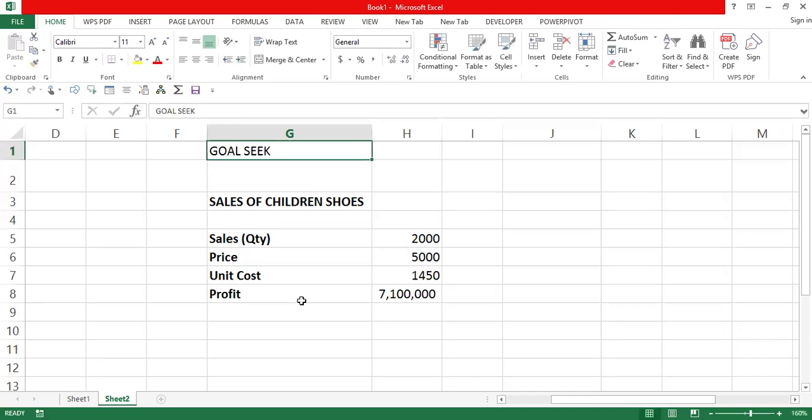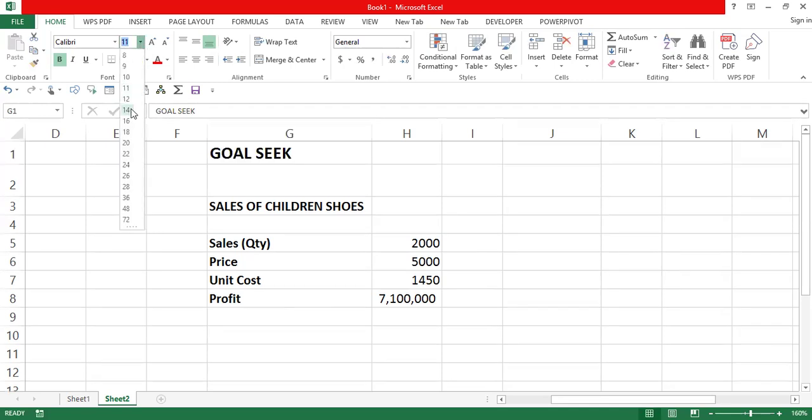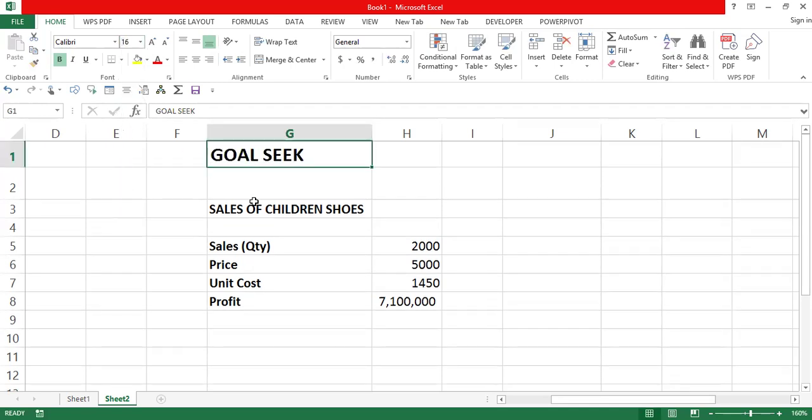Goal seek is a way of achieving an objective by changing the value of a particular variable.